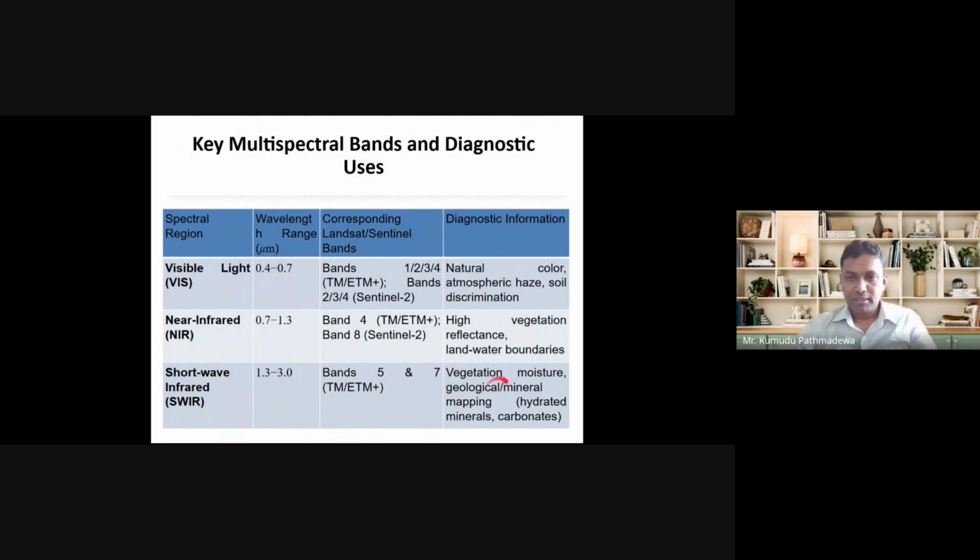Likewise, you can understand and get the idea of how these spectral regions can give us information from those spectral bands.